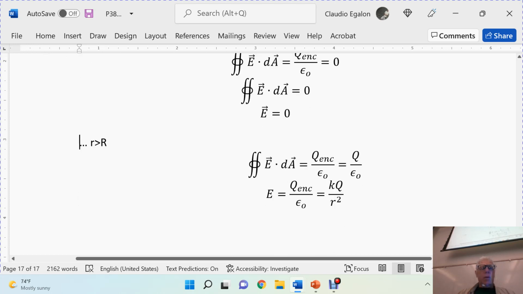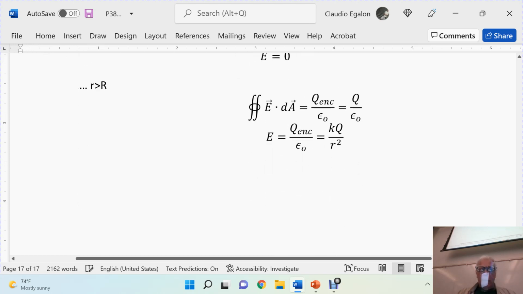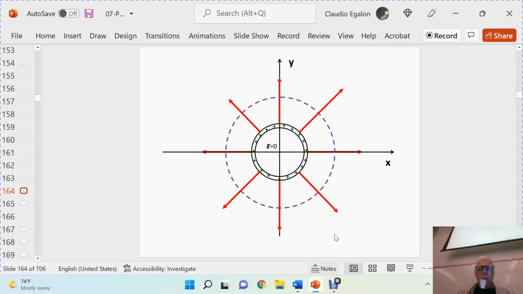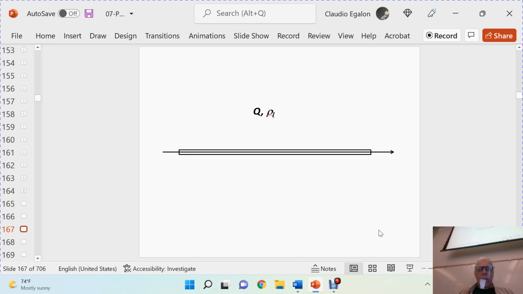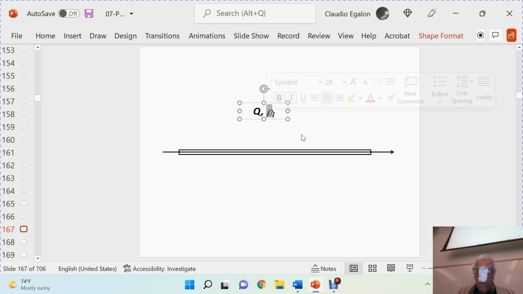Okay, the next problem that we are going to do is the problem of the infinitely long, charged rod. We start with a rod, put a charge Q on this rod, and I put a rho here. A rho should be lambda. Let's see, I may have had a reason why I did that.